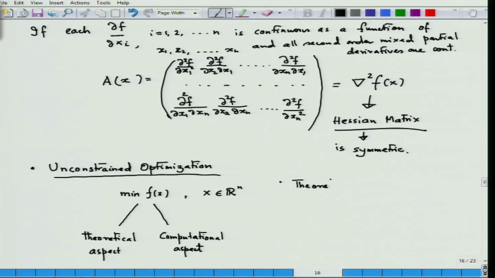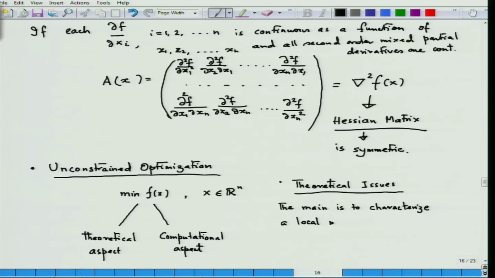So, let us see what the theoretical issues are here. The main issue is to characterize a local minimum. Why do you need to characterize a local minimum?